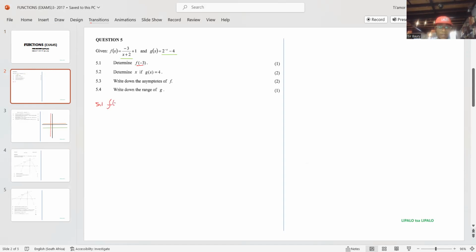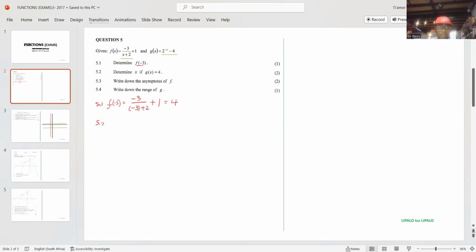So f at -3 is equal to -3 all over -3, which is what I'm substituting, plus 2, and then all plus 1. So this is going to give me a positive one. So I have -1 divided by -1, so the answer is 4.